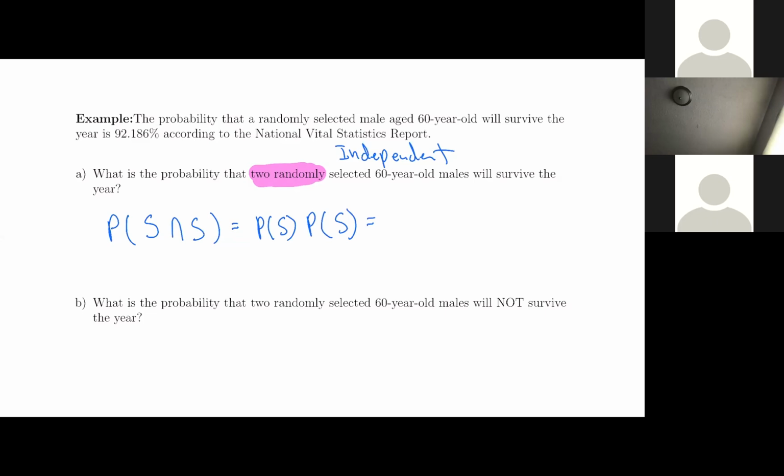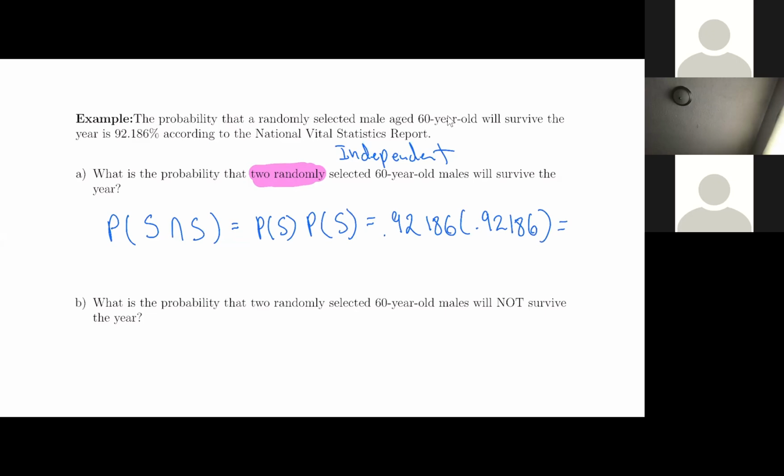So since we have 2 independent events, and since we're doing 2 selections, we're gonna get the probability the first person survives, and we're gonna multiply that by the probability the second person survives. So the probability the first person survives is 0.92186. And then the probability the second person survives is 0.92186. So we're gonna go ahead and multiply that out.